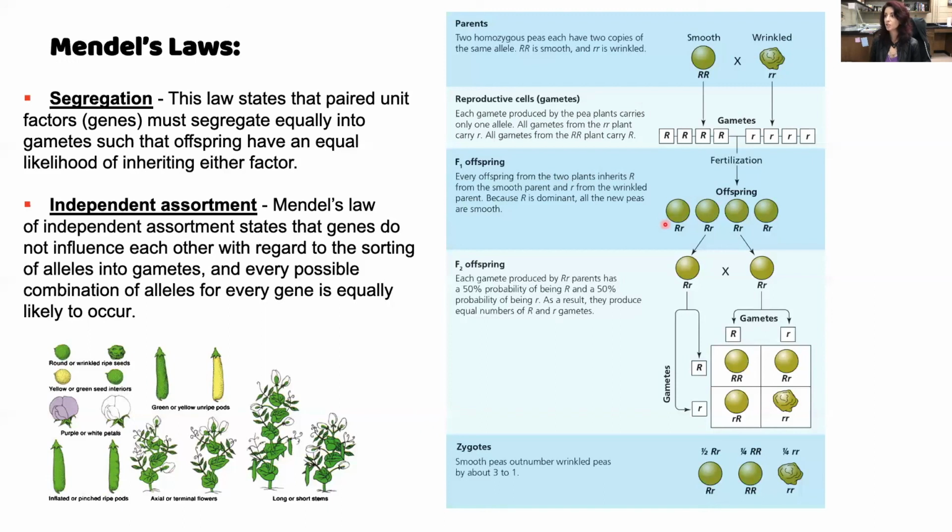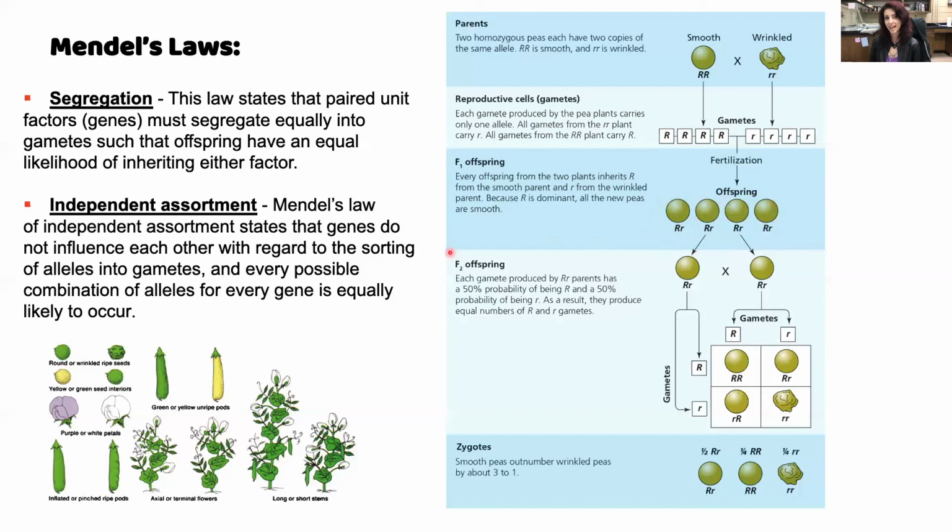And because the trait of smoothness is dominant here, all of the offspring in the F1 generation are smooth. They have a smooth phenotype. We can then do another cross between this generation and take a look at F2, our second generation.